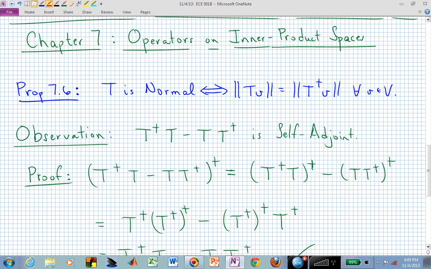So here's the proof. What do I need to do? I need to show that if I take the adjoint of that combination of maps, that I end up with what's inside the parenthesis that I'm taking the adjoint of. And we just have to remember how to play with products and adjoints is really the big deal here.